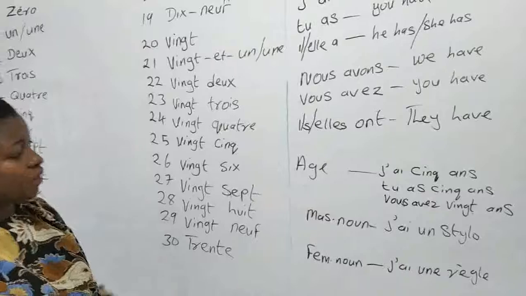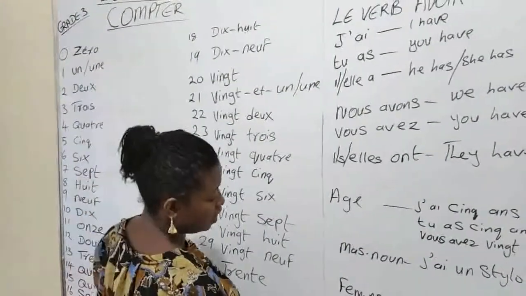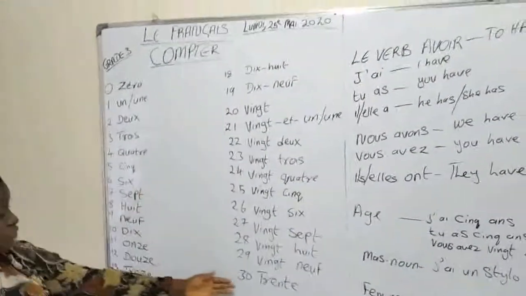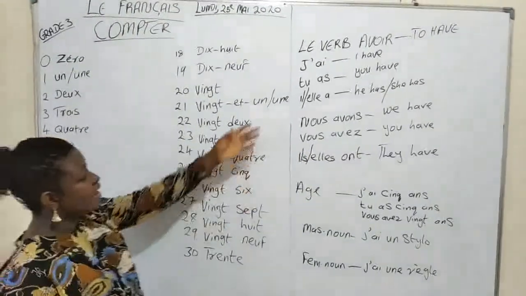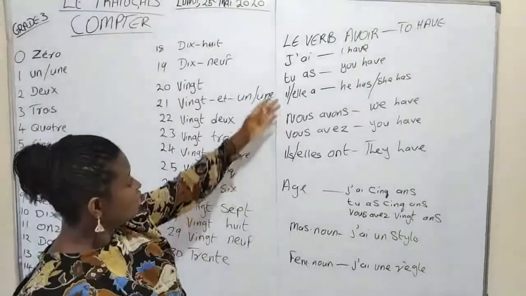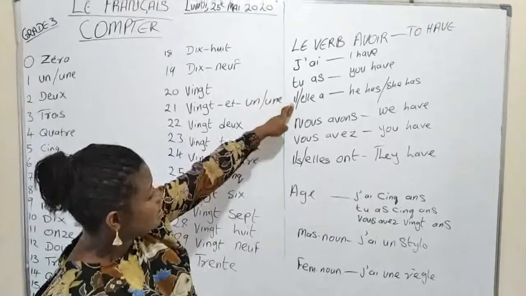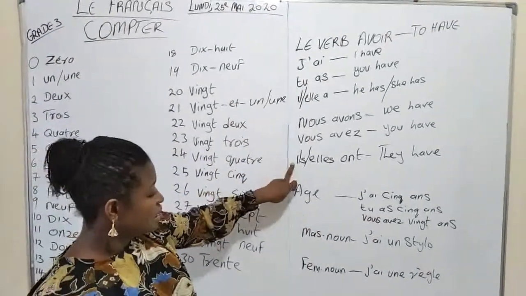So this is what we have to do for today. We have looked at numbers from 0 to 30, and we have also looked at le verbe avoir, which means to have. We have conjugated le verbe avoir from first person singular to third person singular, and from first person plural to third person plural.